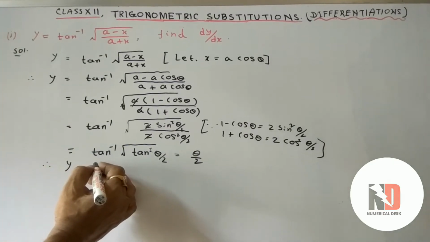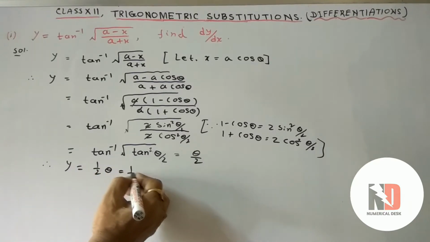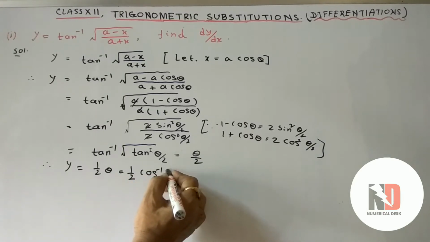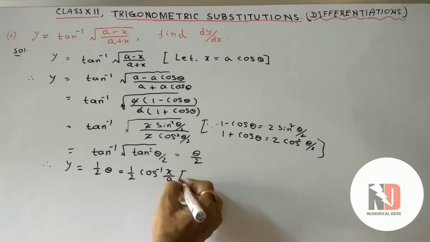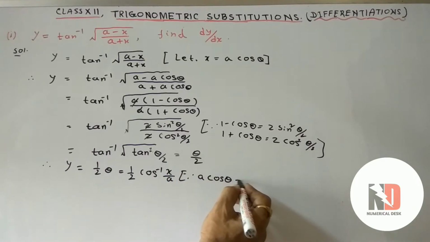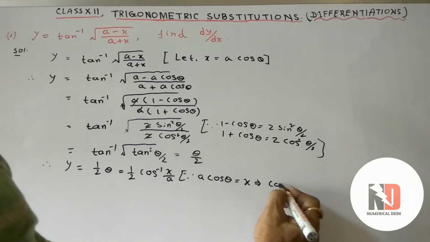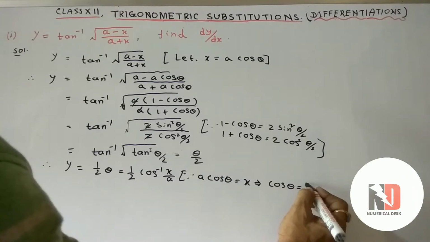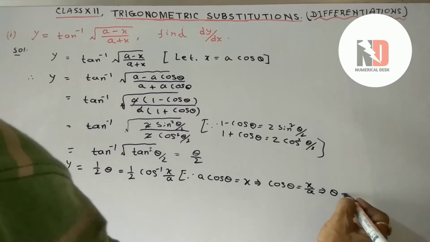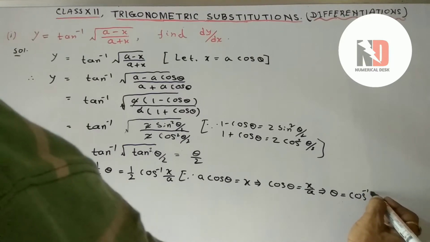Now y equals half theta, or half into the value of theta from above, which is cos inverse x by a. You have to show the steps of how you got this: a cos theta equals x, so theta equals cos inverse x by a.